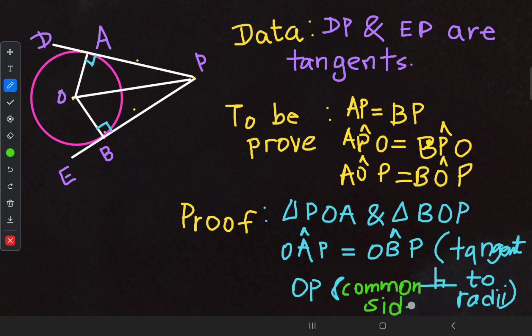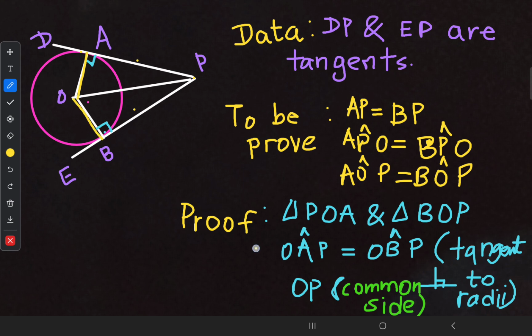Now we know the congruence. The fourth type of congruence says: hypotenuse and another side. If those are equal, we can conclude those triangles are congruent with each other. And next thing we know, the obvious one, is that OA and OB are equal.